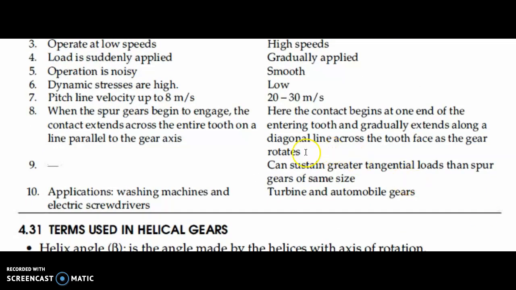Next, the helical gear can sustain greater tangential load, which cannot be said of the spur gear. As for applications, we can use spur gears in washing machines, electric screwdrivers, etc. We use helical gears in automobile gear systems, and turbines also use helical gears.